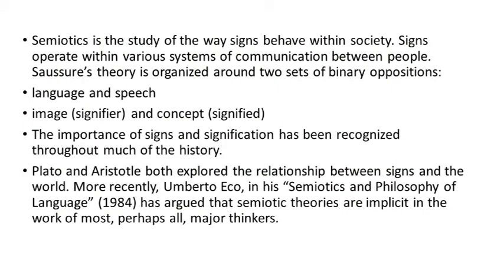Semiotics is the study of signs. It's a study of the way signs behave within society. Signs can be anything: gestures, symbols, or language. Signs operate within various systems of communication between people.